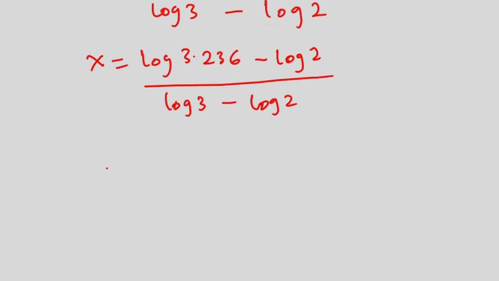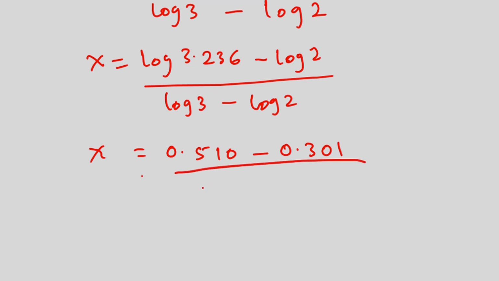Log 3.236 is simply 0.510, then minus log 2 is 0.301, all divided by log 3, which is 0.477, minus log 2, which is exactly the same as this, 0.301.